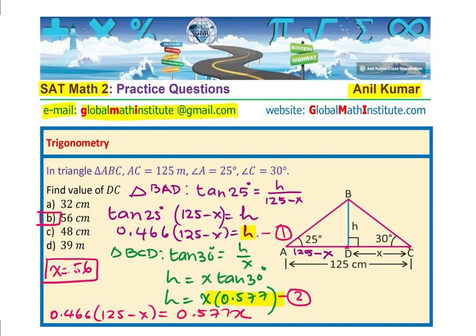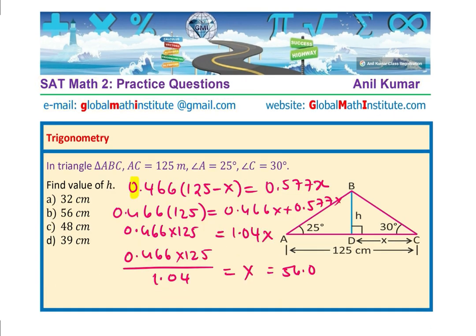Now once you find X, you can find the value of H, because H is 0.577 times X, right? So from here we can write H is 0.577 times 56. Let's multiply.